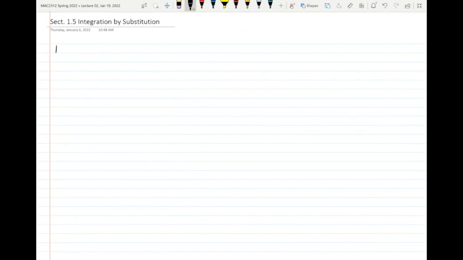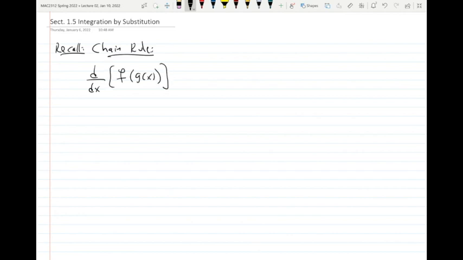So let me say here, recall the chain rule. And remember, the chain rule has to do with the composition of two functions. So it tells you that if you want to take the derivative of f composed with g, how do we calculate this?